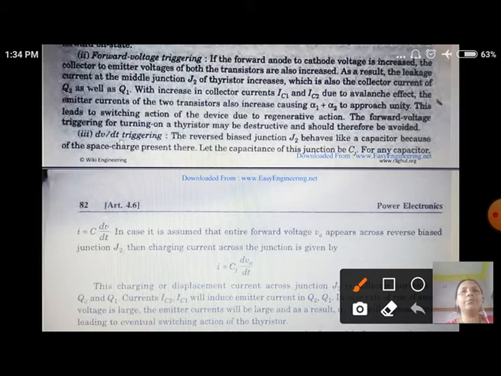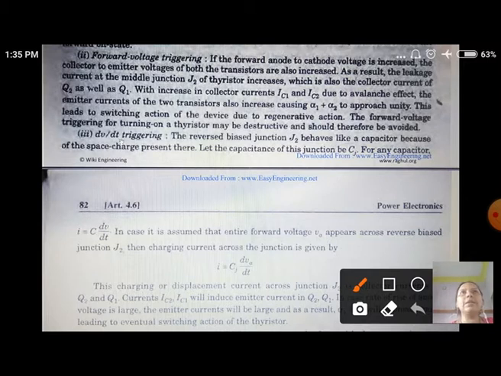with the help of alpha 1 and alpha 2. That means, in the two-transistor analogy, how the thyristor turns on with the gate triggering mechanism. As discussed in the previous class, by applying a gate signal to the thyristor, that is, applying gate drive current to the transistors, the gate current acts as a base signal for the transistors.